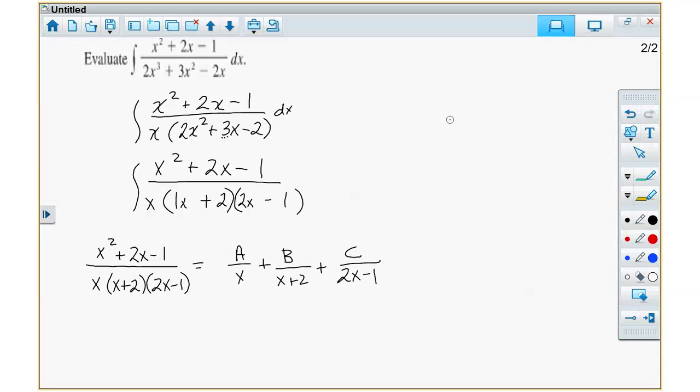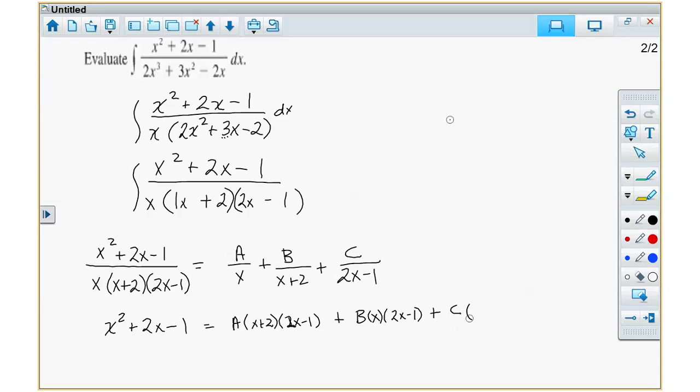Okay, so now we get x squared plus 2x minus 1 is equal to what? A times x plus 2 times 2x minus 1 plus b times x times 2x minus 1. Y'all make sure I don't make a mistake.